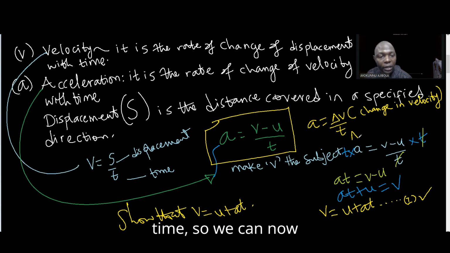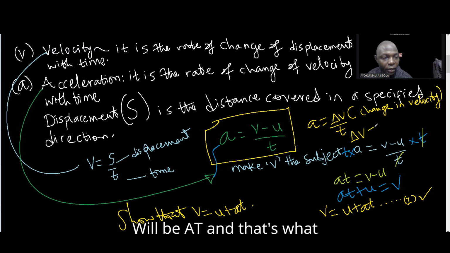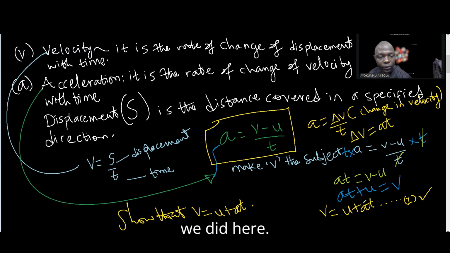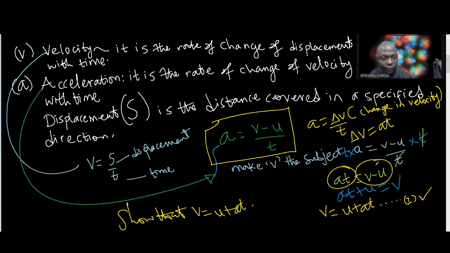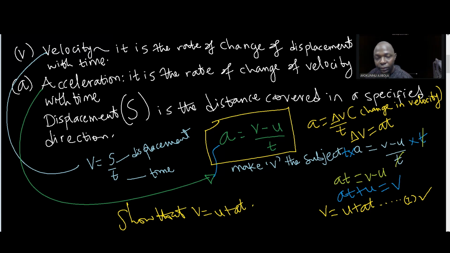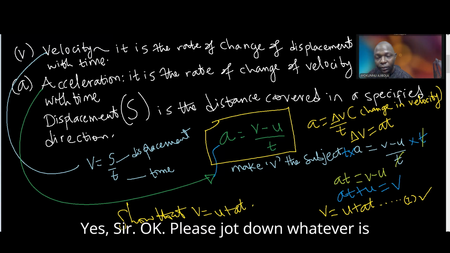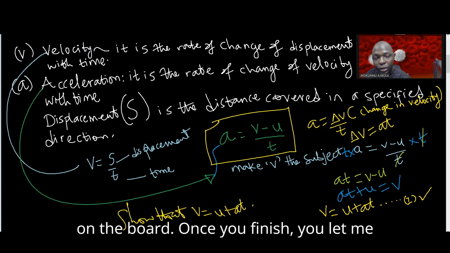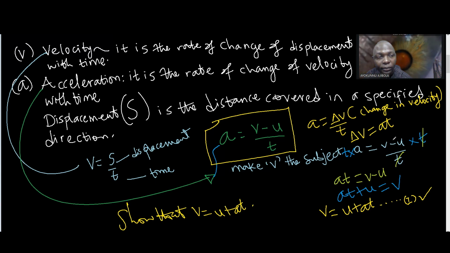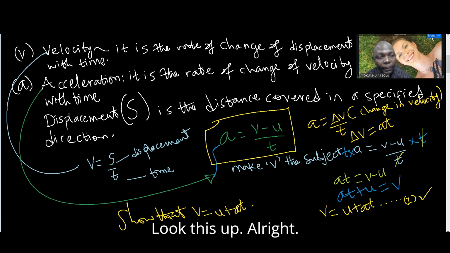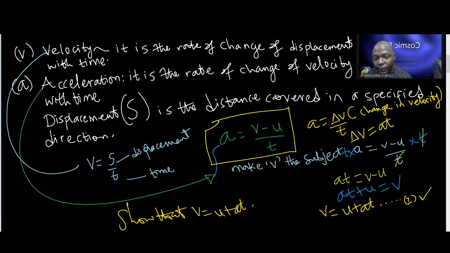So we can now say change in velocity will be at, and that's what we did here. Is that clear? Please jot down whatever is on the board. Once you finish, you let me know.